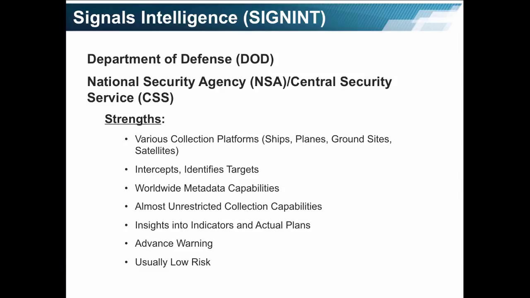It has metadata capabilities available worldwide. They have almost unrestricted collection capabilities all over the world. They are very good at providing insights into indicators and actual plans. They are very good at advance warning, and they are usually very low risk.